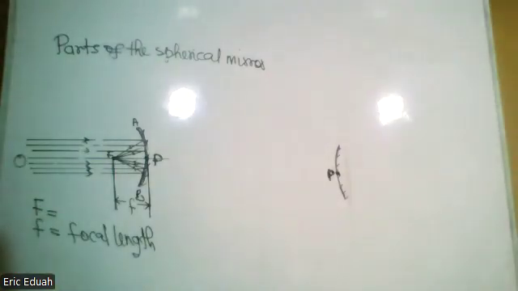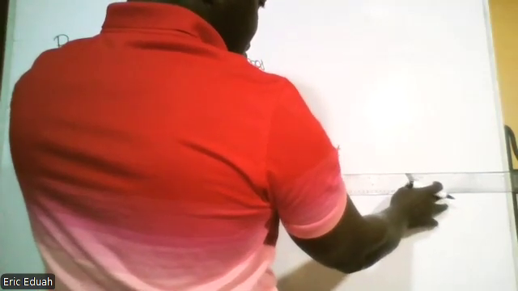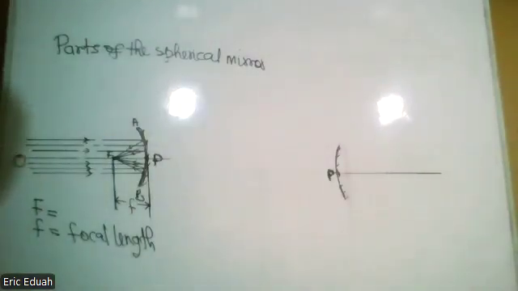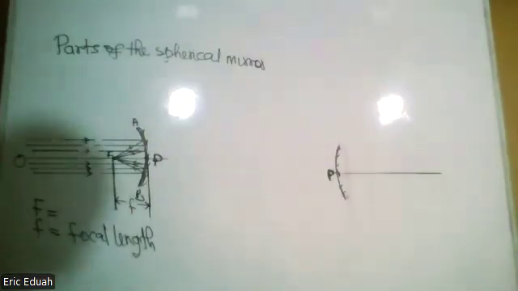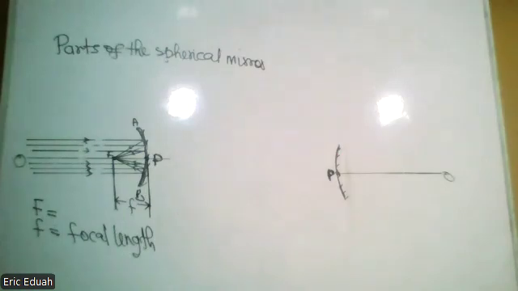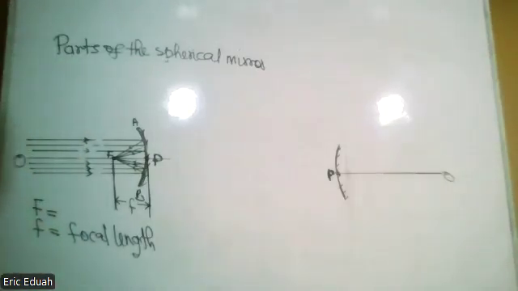Then a horizontal line dividing the mirror into two. So this line, PO, is known as the principal axis. In fact, all measurements are taken from the pole. So when you are measuring the focal length, all measurements are taken from the pole.